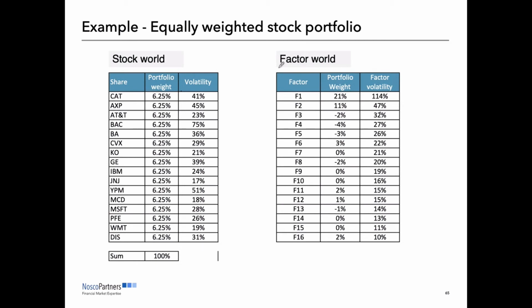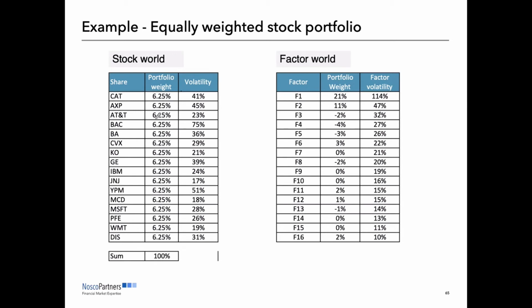Yeah, but it is nevertheless the fact that if you invest $100 into your portfolio, so that means you invest $6.25 in asset A, 1, 2, 3, 4, and so on.